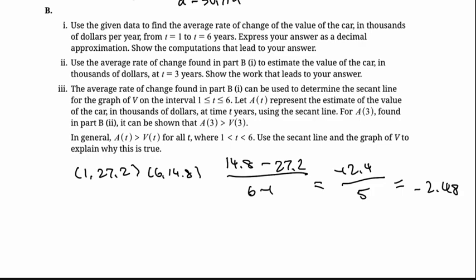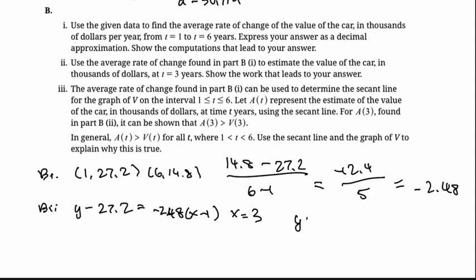And then for part 2, we had to estimate the value of v when t equals 3. And then doing this, we need to make a secant line. So we can put that in point slope form. y minus 27.2 equals negative 2.48 times x minus 1. We plug in x equals 3.